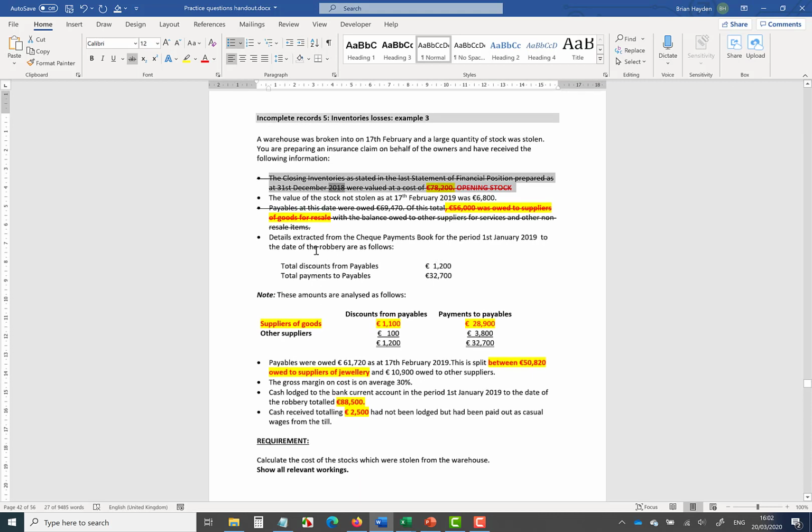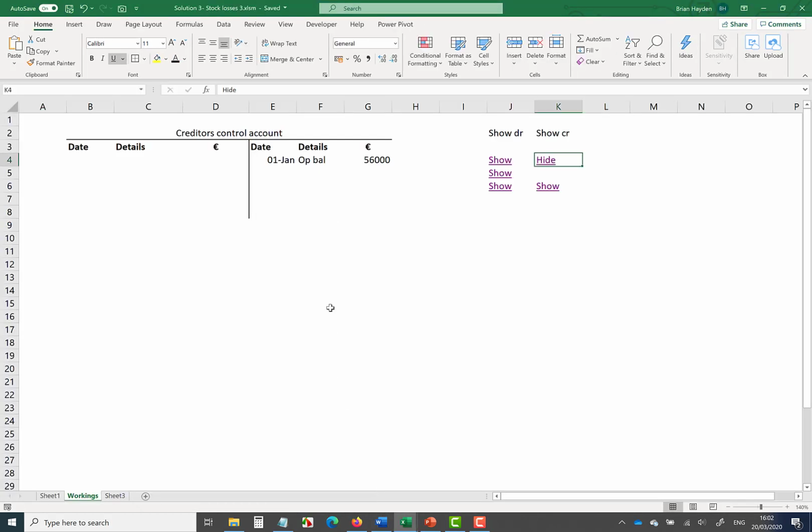Now, the next piece that we're given is details about payments and discounts, and this highlighted material is the relevant material. So we got discounts of 1,100 from our suppliers and we paid them 28,900. So that has to impact on the creditors control account. So again, if you think about this, we owe them money and we pay them money.